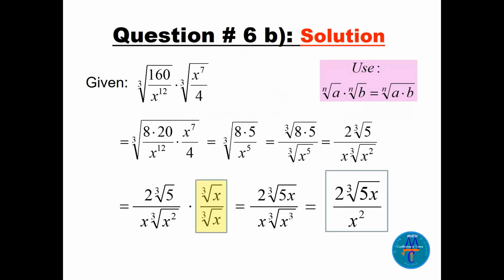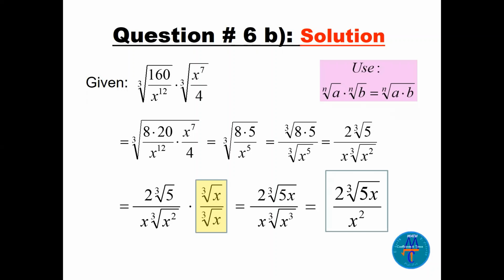This is the B part. We use another rule, which is a nice rule for multiplication. See this rule? The nth root of A times the nth root of B. Since we have the same index, this n is called the index, it will be the nth root of A times B. So I can put all this, 160, all this under one radical. We have cube root, so I have to find the number that multiplied by itself 3 times is in the 160.